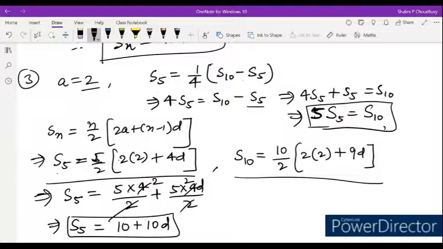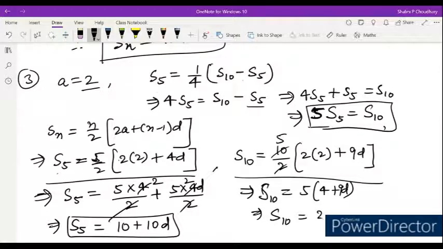Now similarly we'll simplify S10 a bit. So it will be 10 upon 2, that is equal to 5, so 5 into 4 plus 9d, so S10 will be equal to 5 into 4 will be 20 and plus 9 into 5 will be 45d.